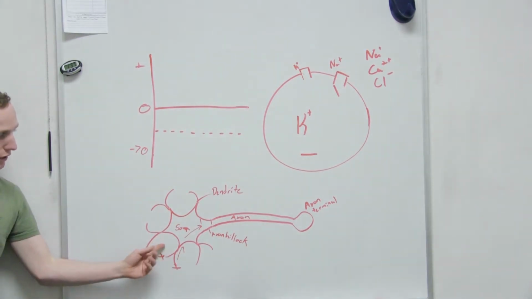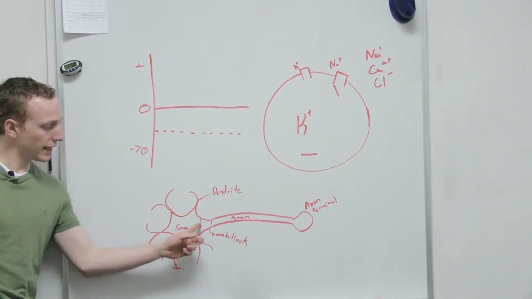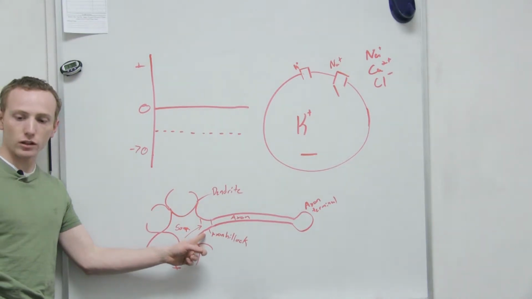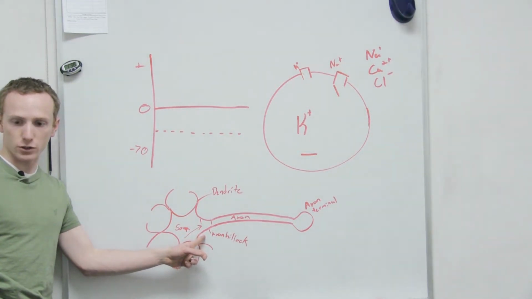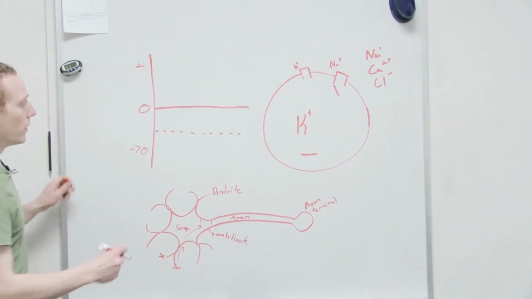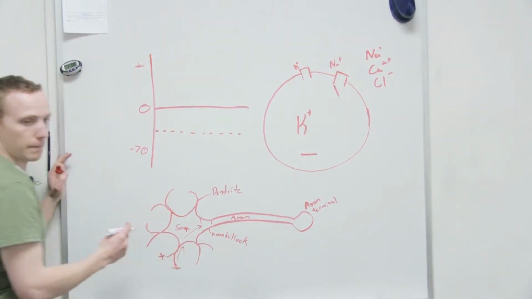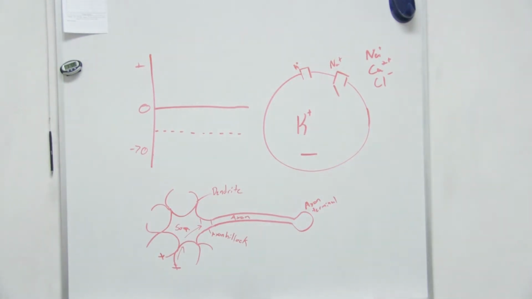So up here was graded potentials, and right here is where it's possibly going to switch from a graded potential to an action potential. But if it doesn't reach threshold, it remains a graded potential. It never becomes an action potential.